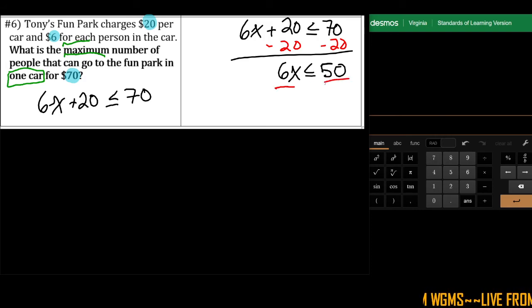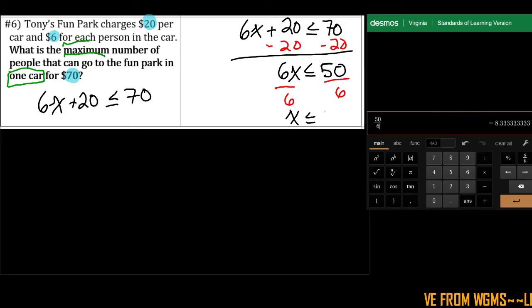And so I have my last step being this. I would divide both sides by the coefficient, which is 6. And so I'm going to have 50 divided by 6. It's going to be 8.3 repeating. Well, hopefully you don't put part of a person in there. And so at maximum, we can have 8.3 people. However, I don't want part of a person. I want a whole person.